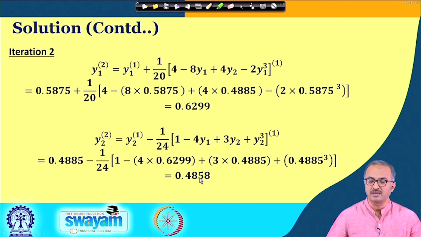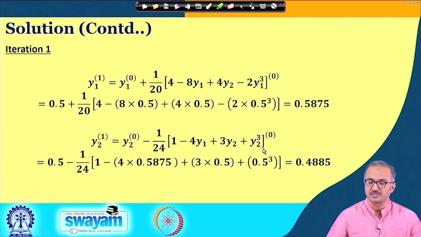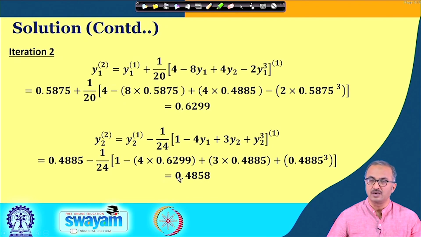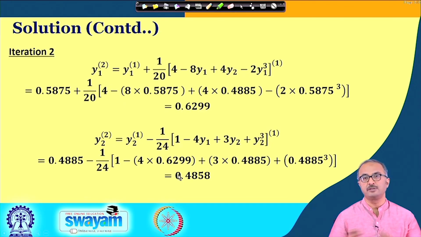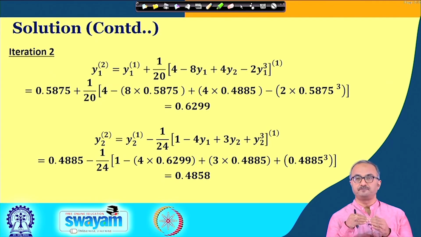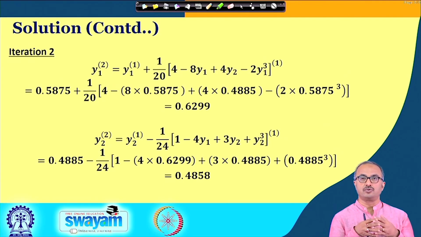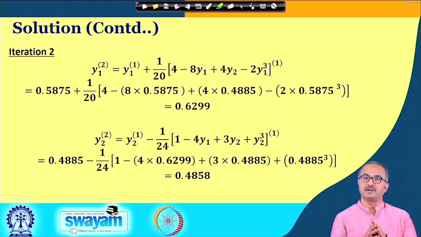If you look at these two expressions, it seems that for y2 with this particular choice we are able to converge faster than for y1, and it is very much possible that different roots will converge at different rates to the solution. Whenever you are checking for convergence, you have to check for convergence for each of the roots separately.